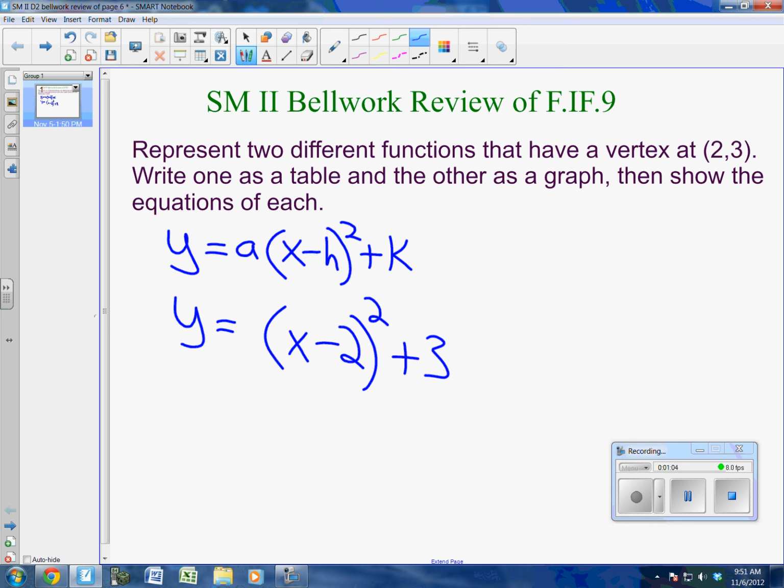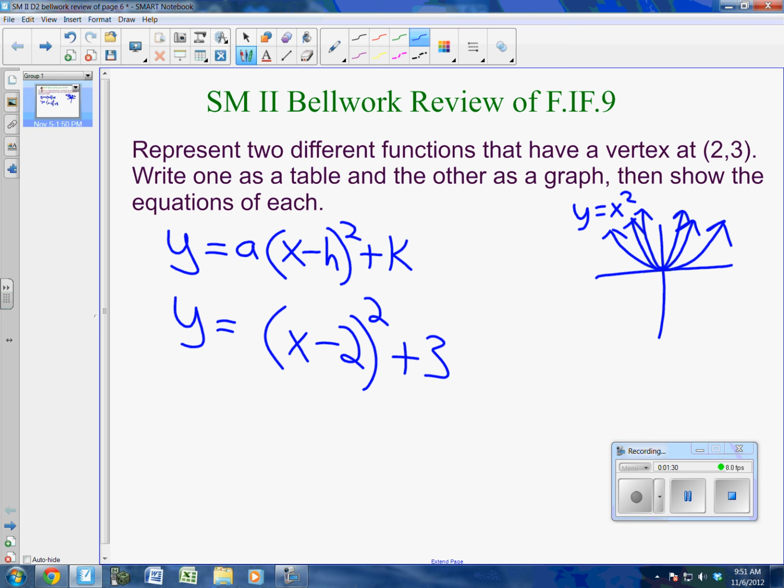A is the thing that determines, let me show you. If you have just y equals x squared, that parabola looks like this, okay? If you times it by 2, it makes it more narrow, like that. If you times it by 1/2, it makes it fatter, like that.